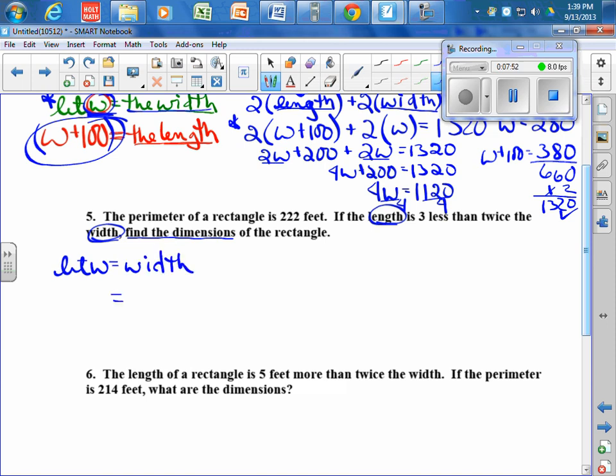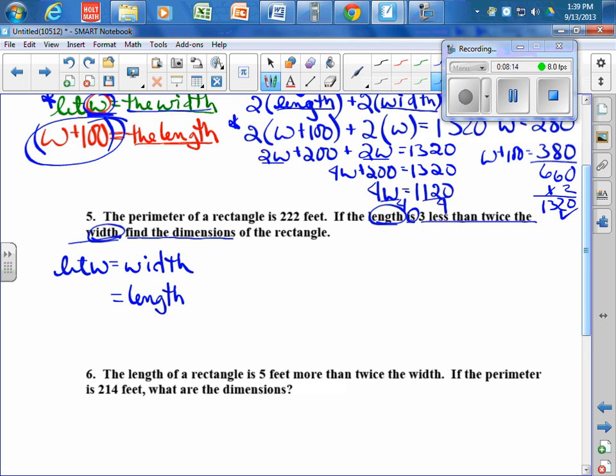So now I need an algebraic expression for the length. What does it say about the length? The length is 3 less than twice the width. Well, the 3 less than tells you that something's going to be minus 3.